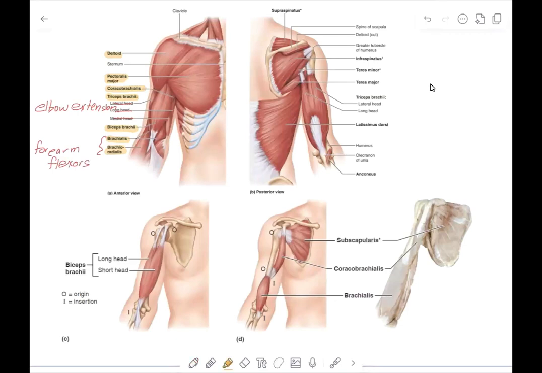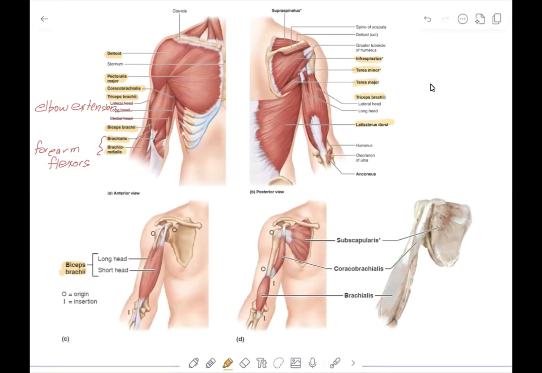We talked about the biceps brachii. You can see the origins and insertions shown here. Remember, the origin is attached to the immovable bone or less movable bone, whereas the insertion is attached to the movable bone.